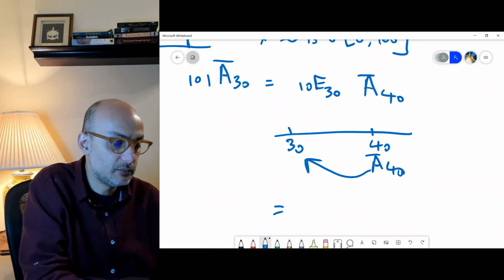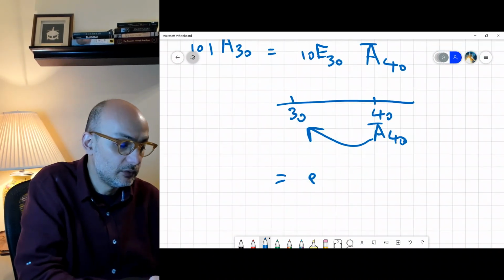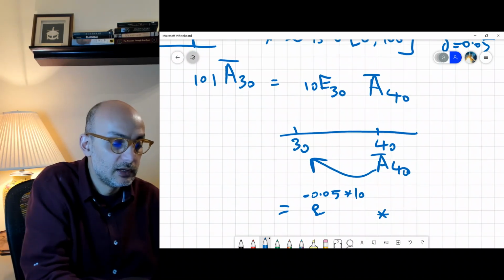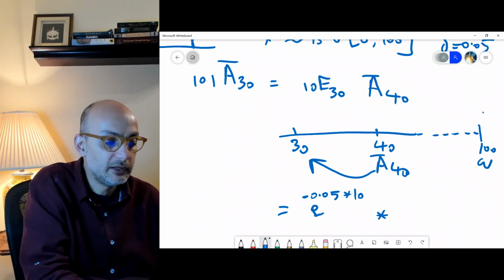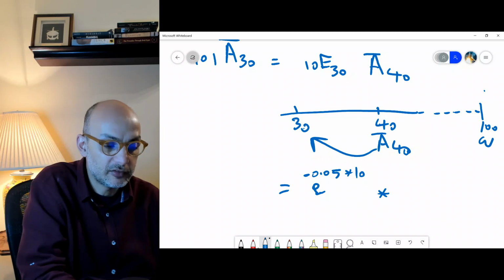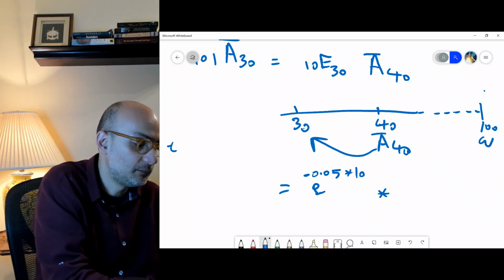Because this is a uniform distribution, 10E30 uses the same force of interest we used, δ equals 0.5%, so the discounting factor is e^{-0.5} multiplied by the survival probability. Since it is uniform, omega is 100, so for somebody to survive to 40 we need tpx. For age 30, tp30 is (100 minus 30 minus t) divided by 70, which is (70 minus t) over 70.